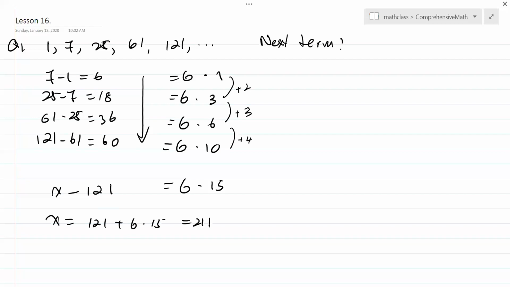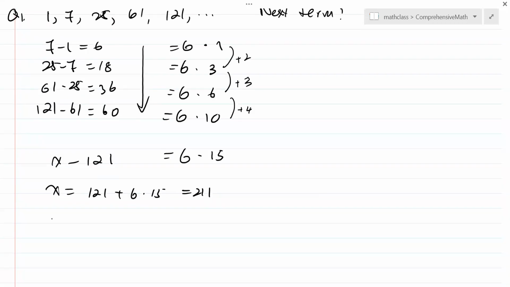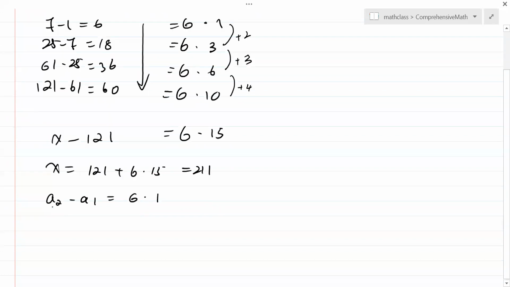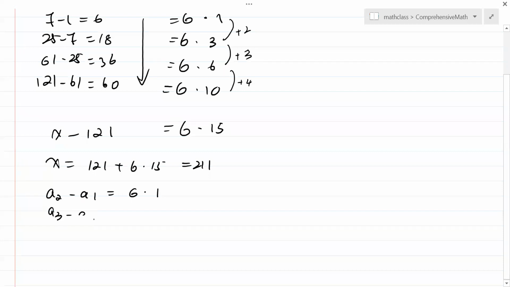Now my question is, are you able to get a general formula, the nth term formula? So when you do that, A2 minus A1 equals 6 times 1, and A3 minus A2 is 6 times 3. A4 minus A3 is 6 times 6.